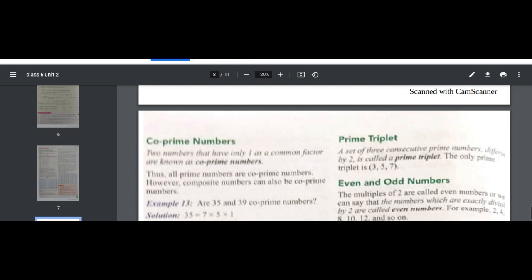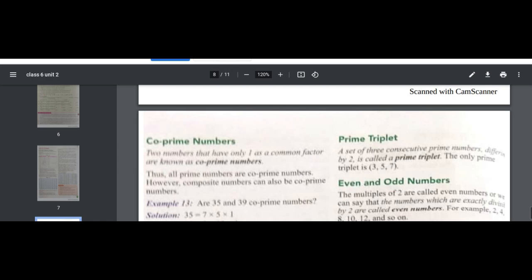What does common mean? For example, if you and your sister have some common points, like you both like to eat fruits, you both like to eat vegetables, you both like to drink milk, these are the common things between the two of you.